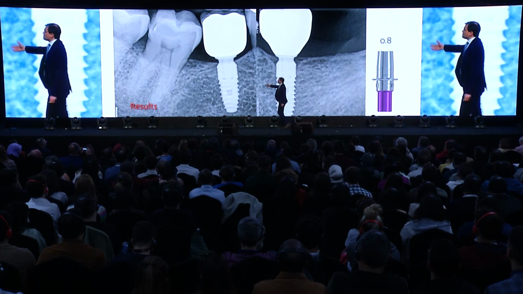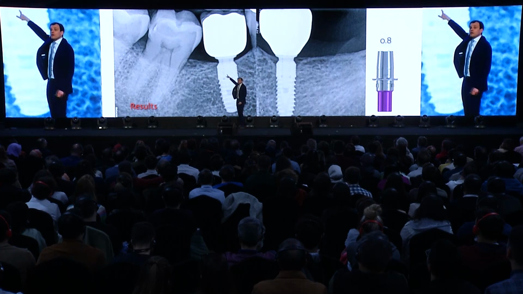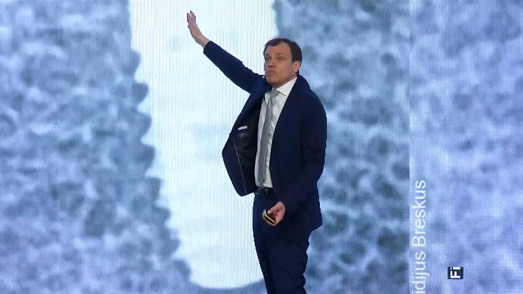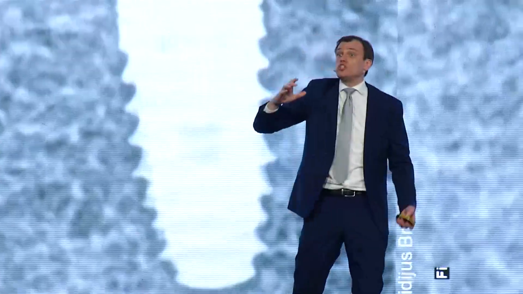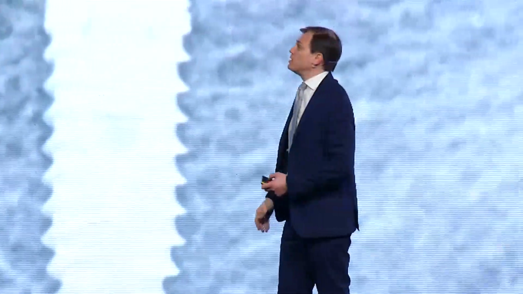And the results. For example, again, you can see here, low tie base, no bone loss. A 0.8 millimeter tie base, a very short one, which is considered not possible to use, you can have bone stability with that as well.